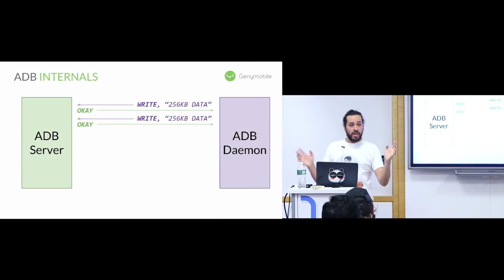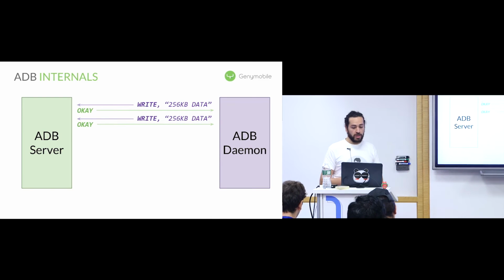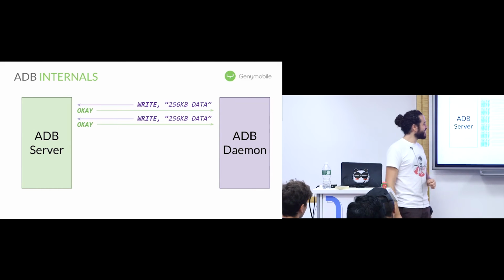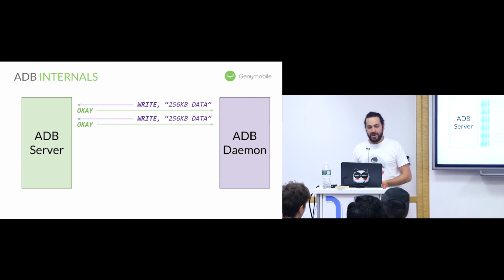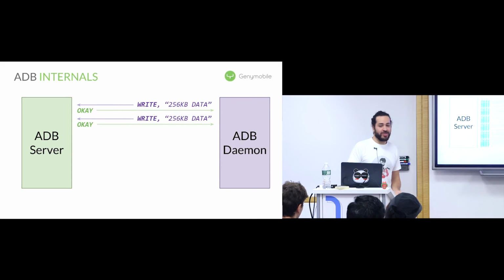With the same amount of data, if you want to do this with a 4 kilobytes payload, it will look like this. Yeah. So now they solved it, and it's really faster, right? And that's good.